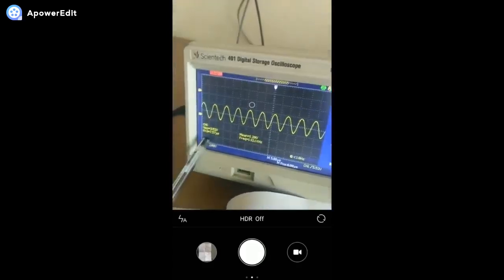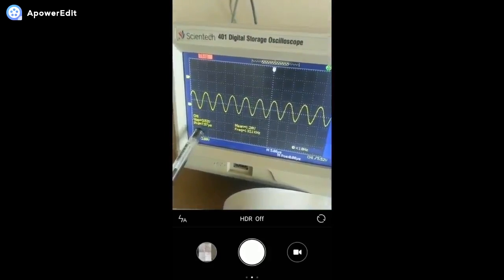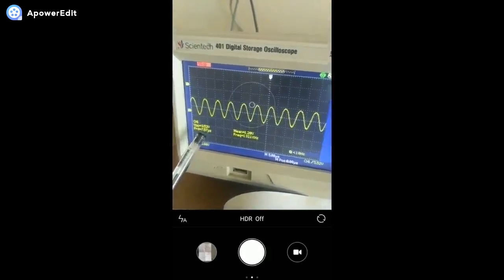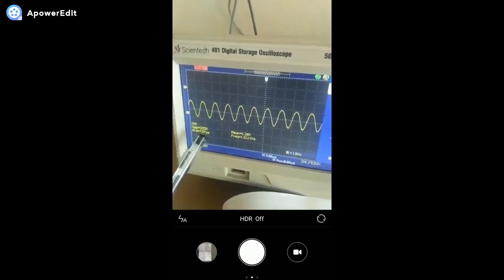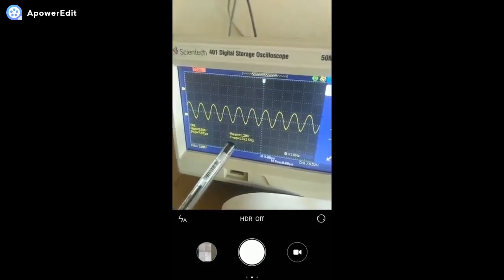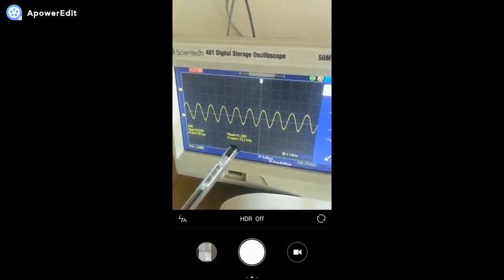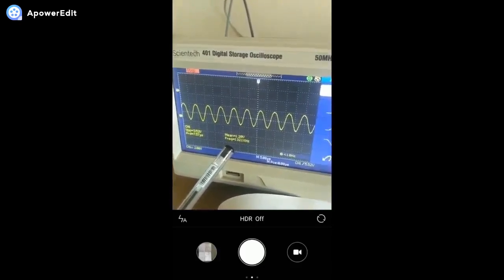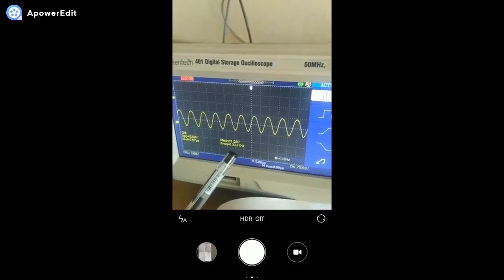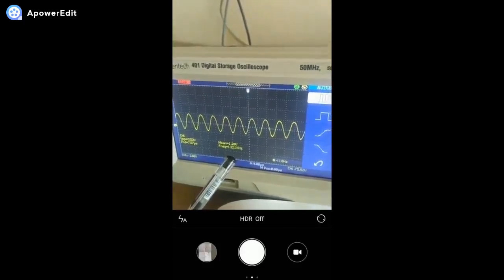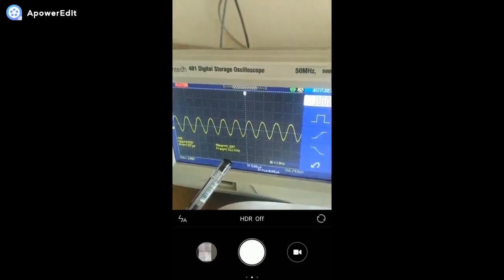Here the time period is 7.57 microseconds. When you take the reciprocal of this time period, you get the frequency value of 132.1 kilohertz. So this is your practical value. 132.1 kilohertz is the practical frequency value.